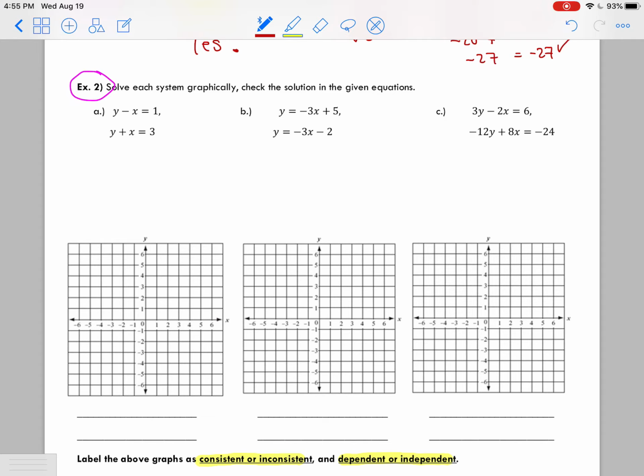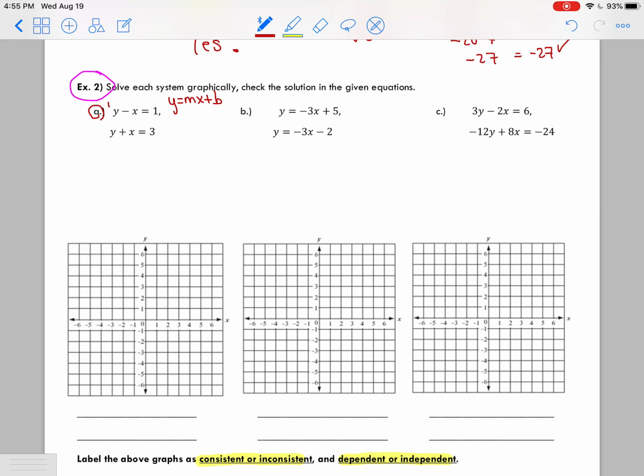You can rewrite them in the form y equals mx plus b, and then graph based on that. You can see in example A, these are set up really well to graph by intercepts, because our x and our y are both on the same side. So I'm going to just do that.